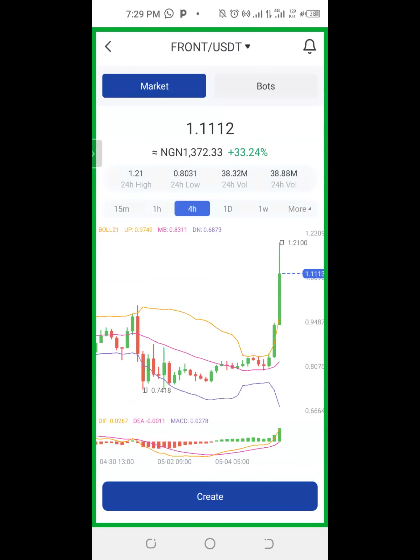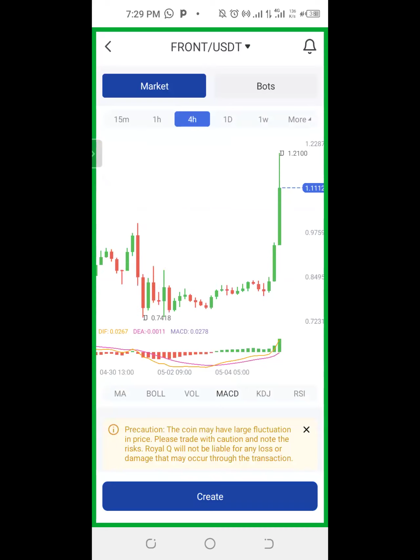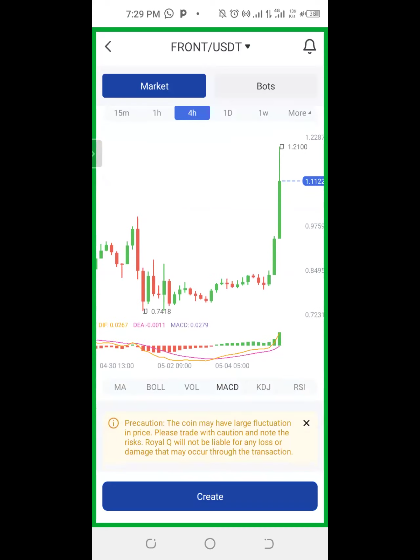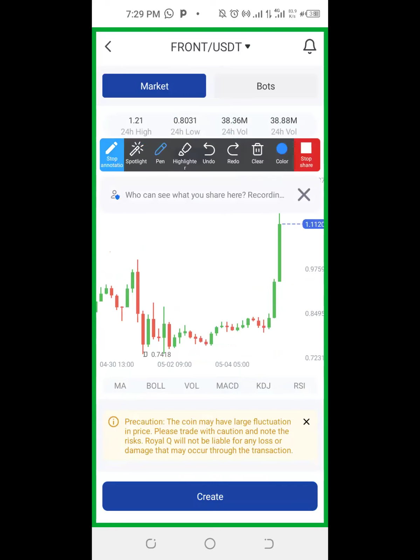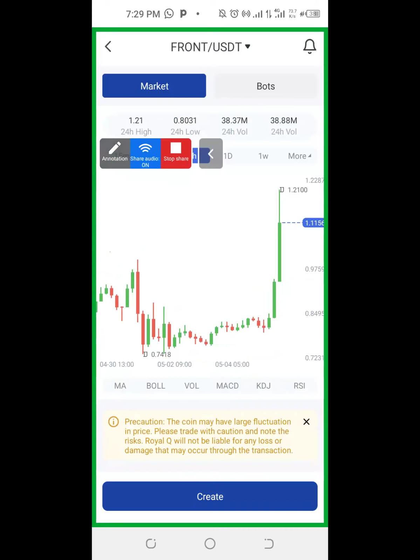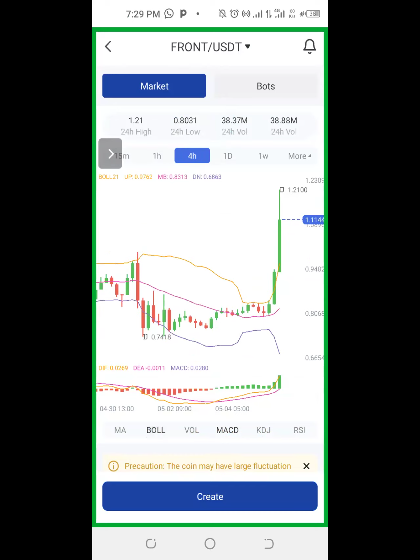The tool you can use to identify a coin that can pump is called MACD. When you click MACD, you also need to add Bollinger Band.